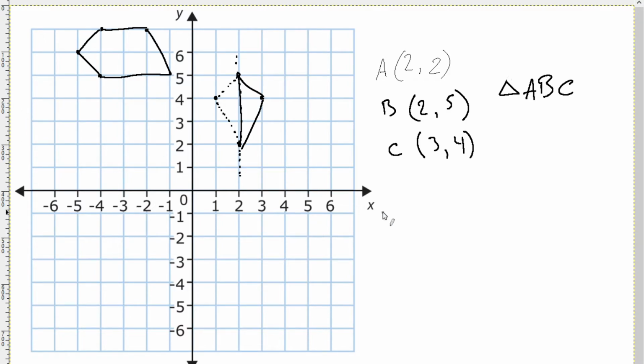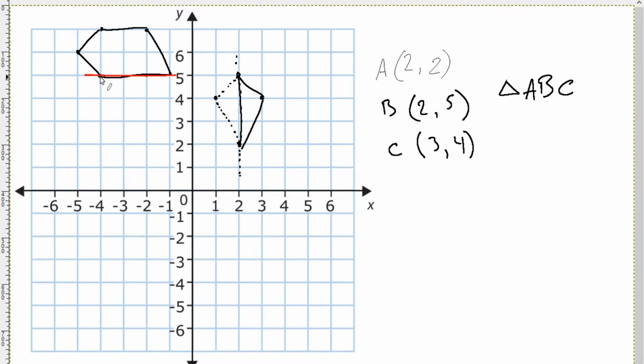So maybe it'll be easier if we use a different color here. So let's say this is our line of reflection on this one. And they'll say draw the entire shape, or the missing half of the shape.